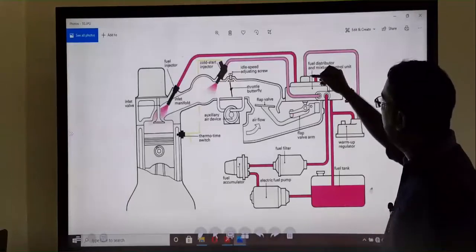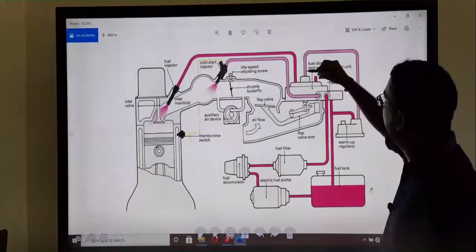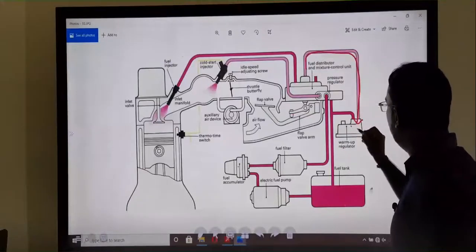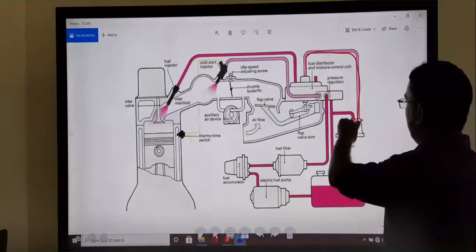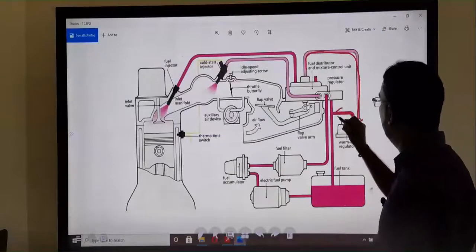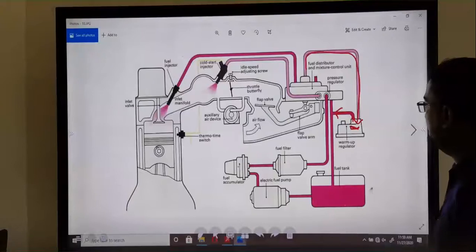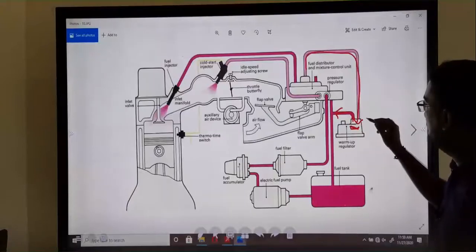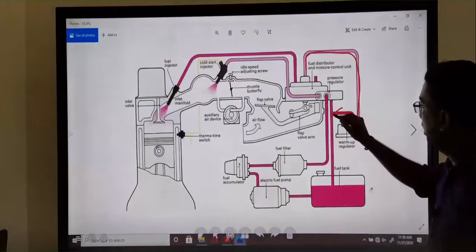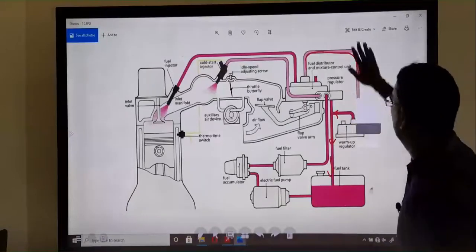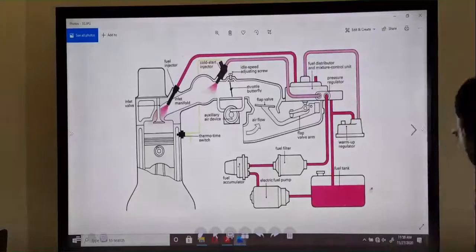When we reduce the pressure, the extra fuel comes here, and according to that, the fuel level can change. I explain clearly with a separate figure how this warm up regulator works.